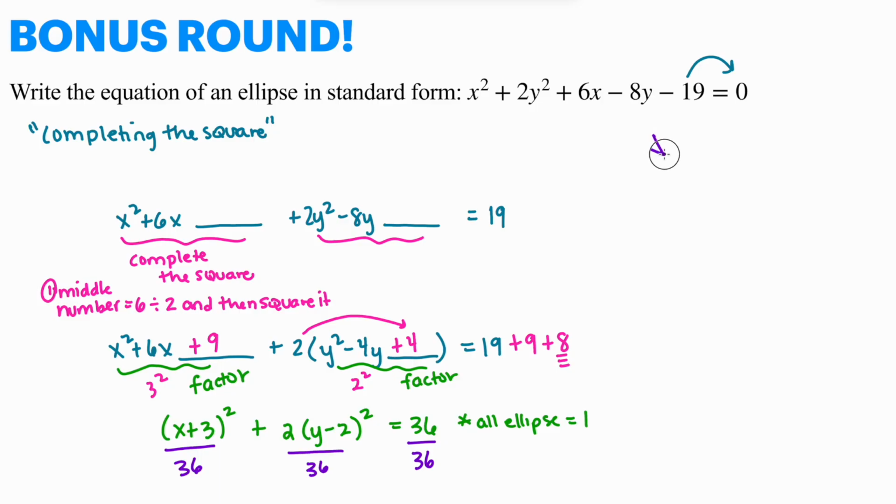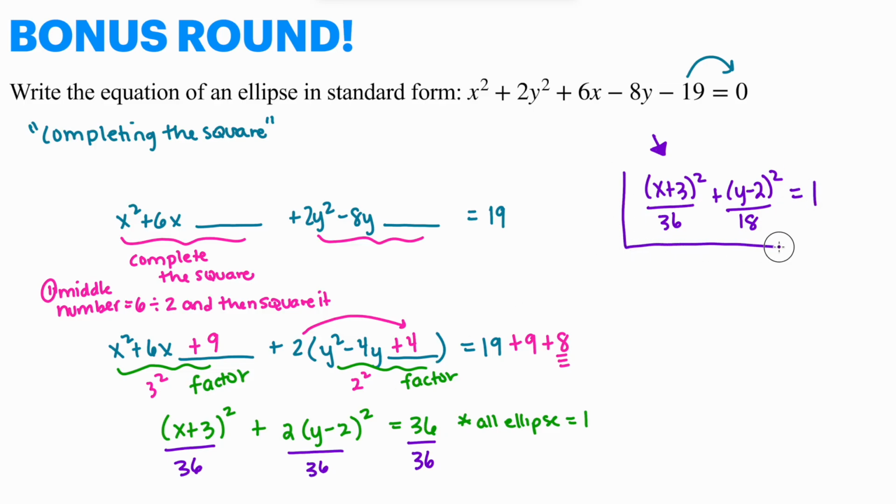And my final answer would be x plus 3 squared all over 36 plus y minus 2 squared over 18 equals 1, because 2 divided by 36 is 18. And that is now in standard form.